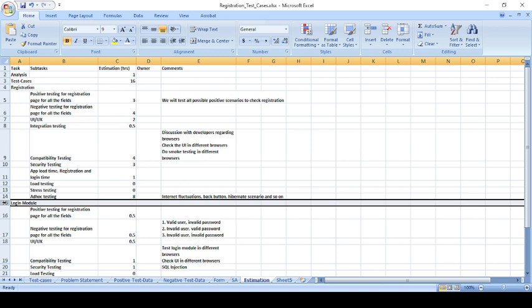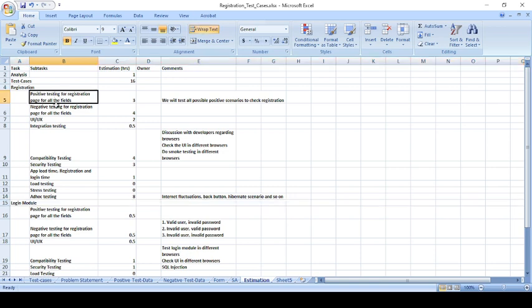We have written test cases by dividing each module into different types of testing, like positive test cases, negative test cases, UI, UX, integration, compatibility, security testing, app load time of registration and login, load testing, stress testing, and ad hoc. The same items that we used for writing test cases, we have to mention here, because that is what we are going to test, right? So for registration and for login, we have mentioned the same thing.